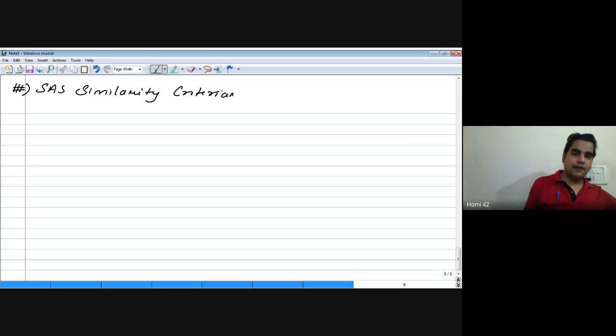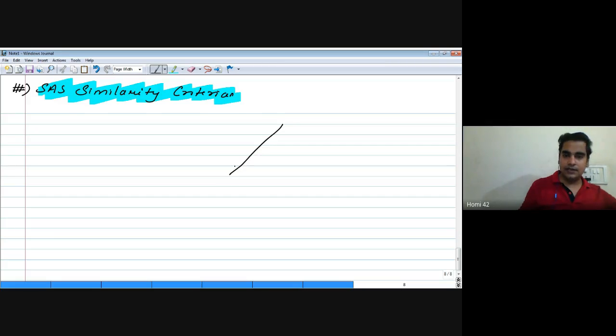So look, when does this SAS similarity criteria work? It works in a situation like this. Suppose this is your first triangle, which is ABC, and this is another triangle PQR.